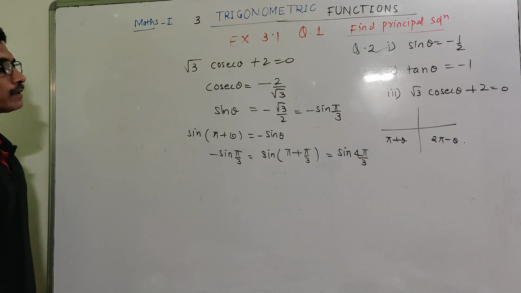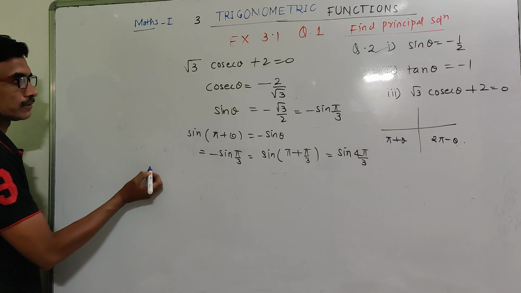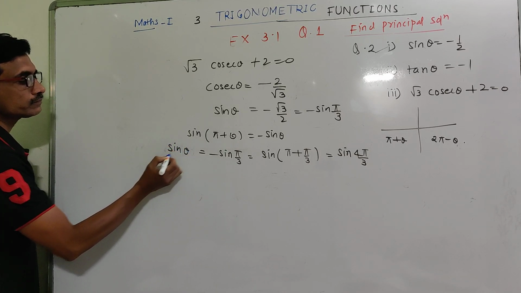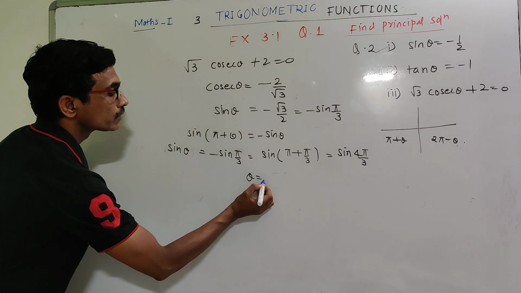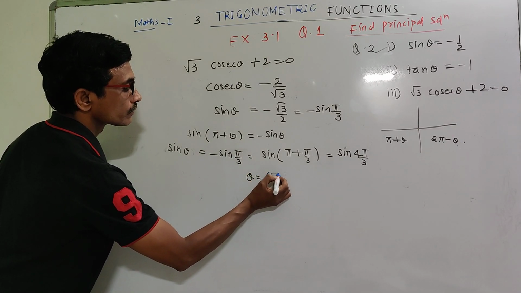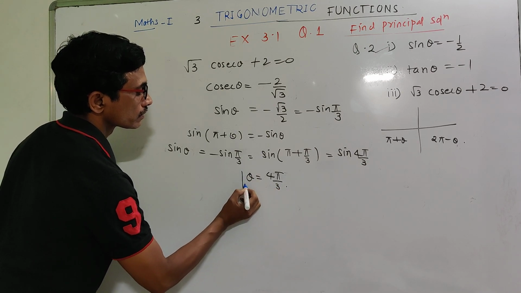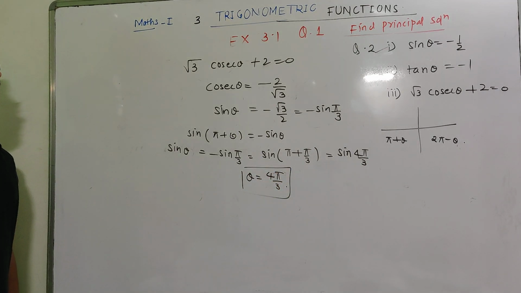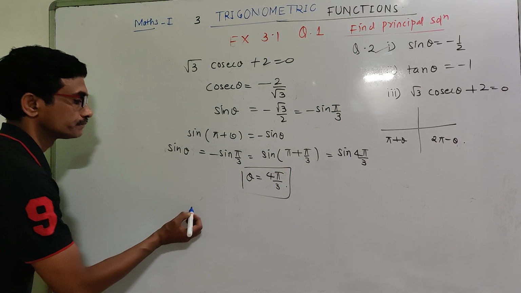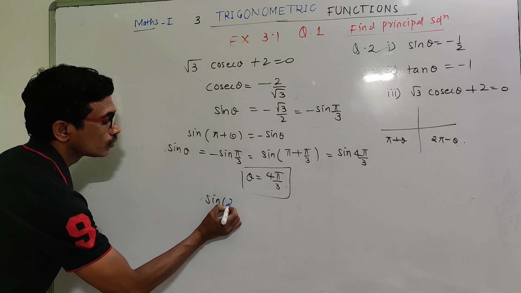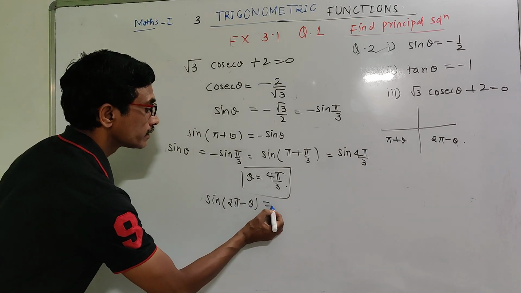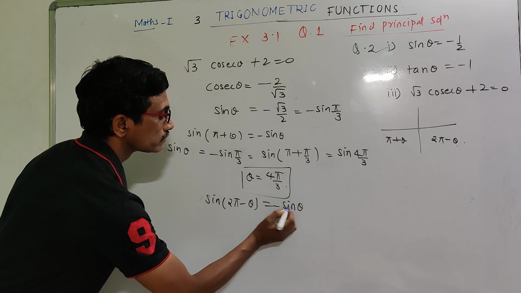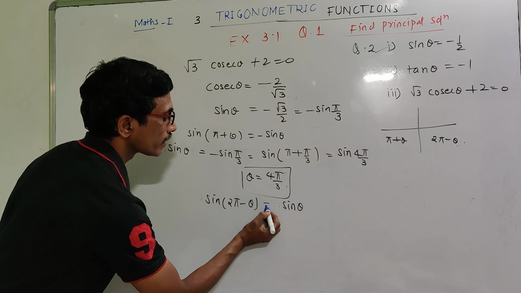That means one angle theta is equal to 4 pi by 3. This is one angle. Then another, sin of 2 pi minus theta is equal to minus sin theta.